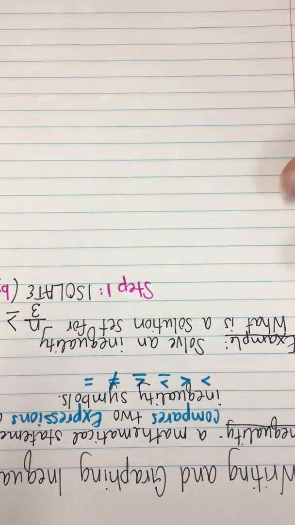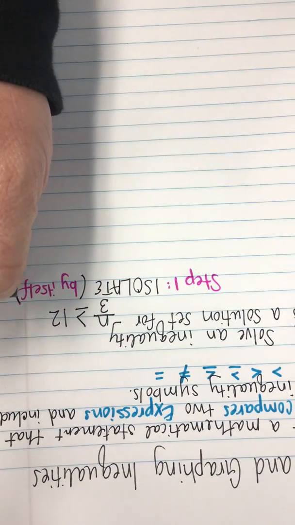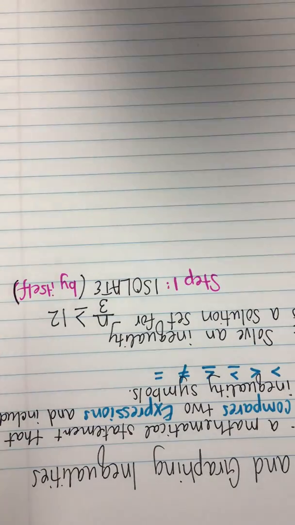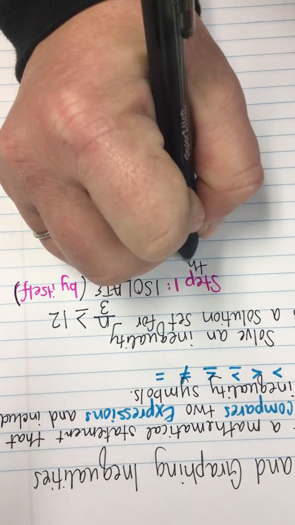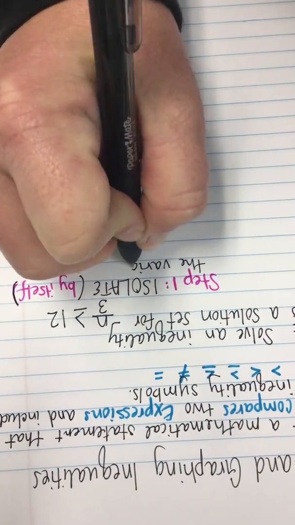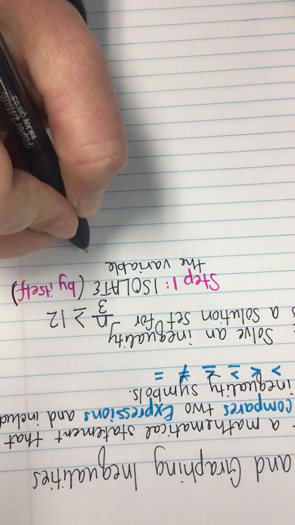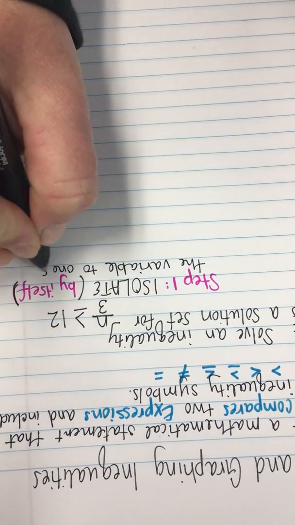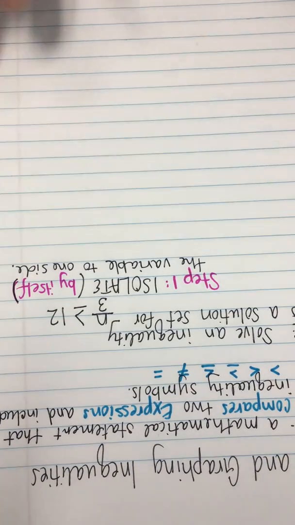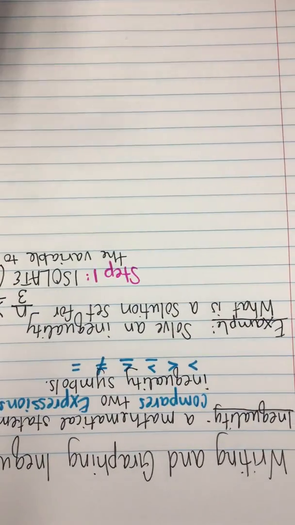So isolate the variable to one side, just like we do when we solve equations.